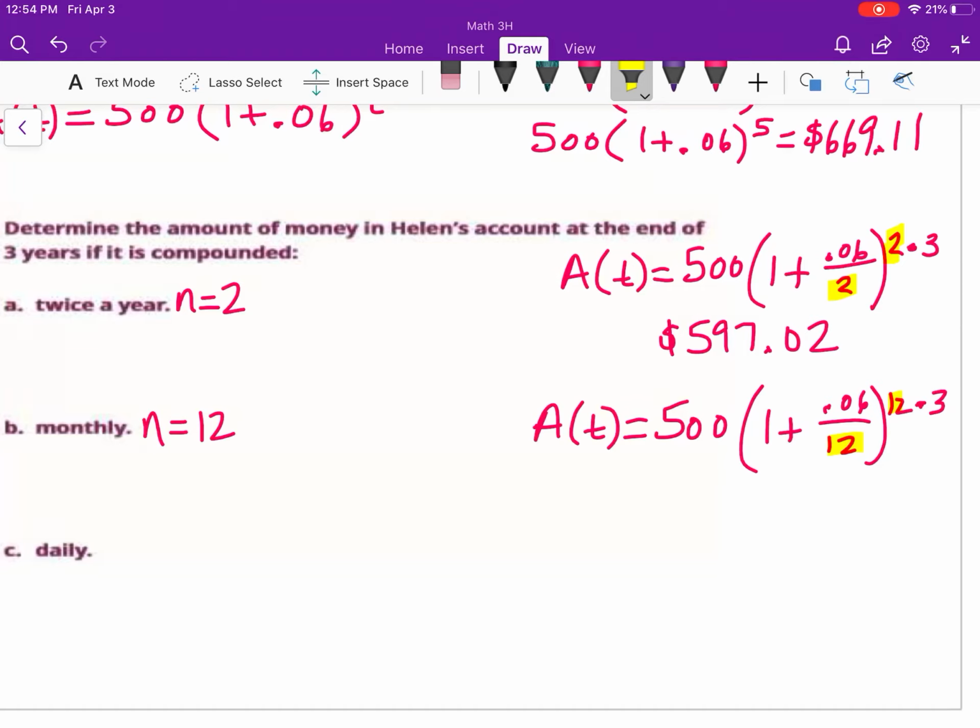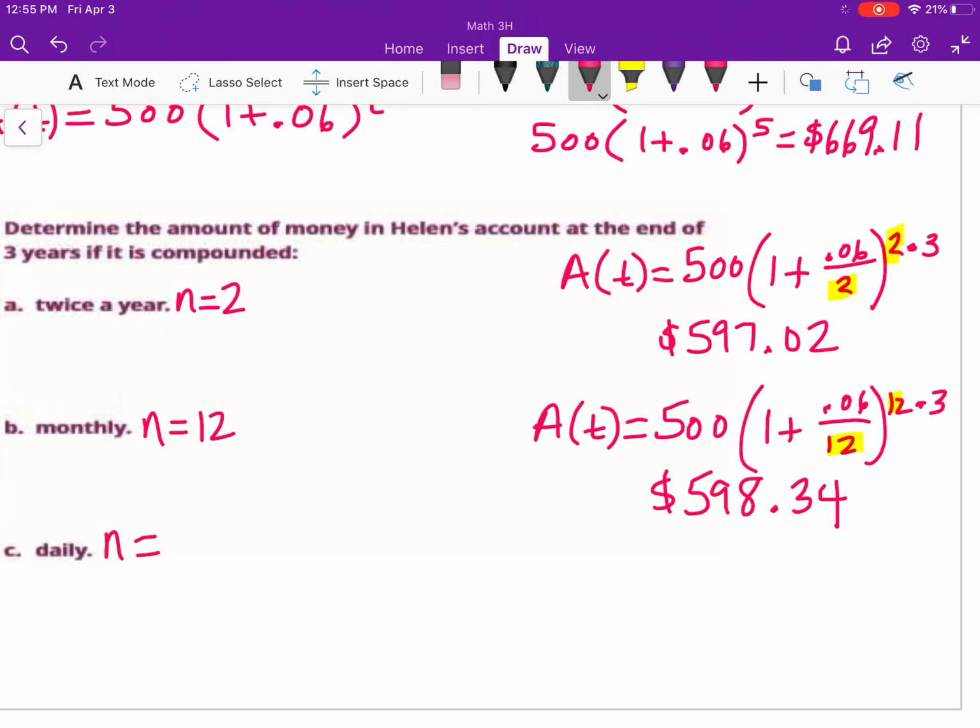Put that in your calculator, now that I just cleared it all out. 1 plus fraction. Man, I don't know why these buttons are feeling like cement. To the 12 times 3. And you get $598.34.